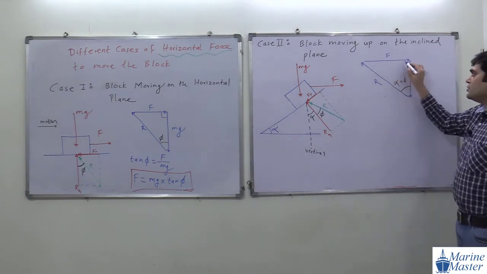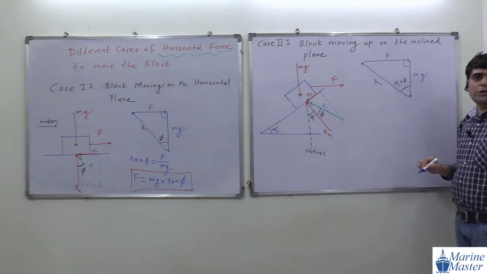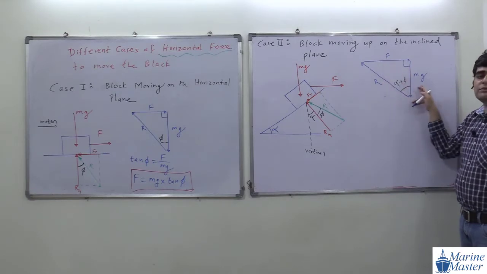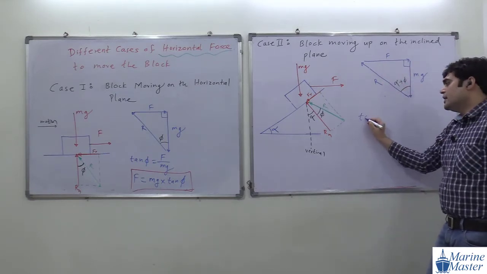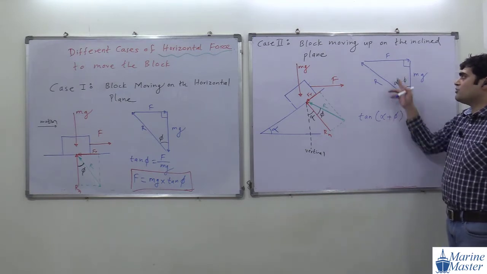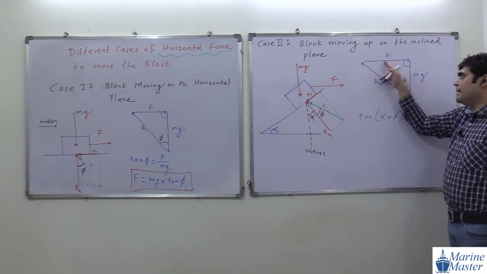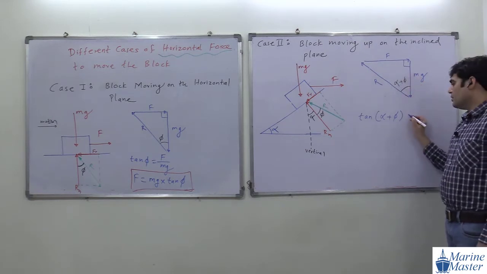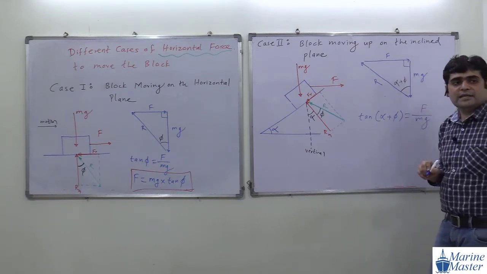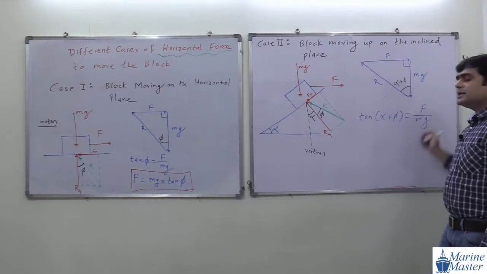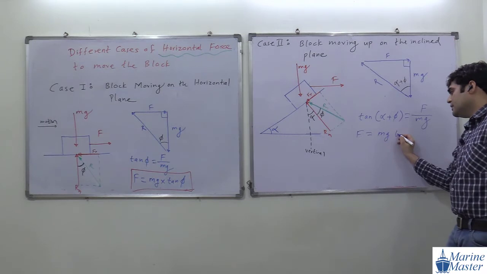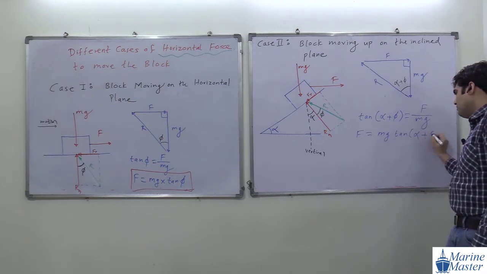Try to see the scenario here. F and mg are perpendicular to each other. F is opposite, mg is adjacent. So tan of alpha plus phi is F by mg, so F will be equal to mg tan of alpha plus phi.